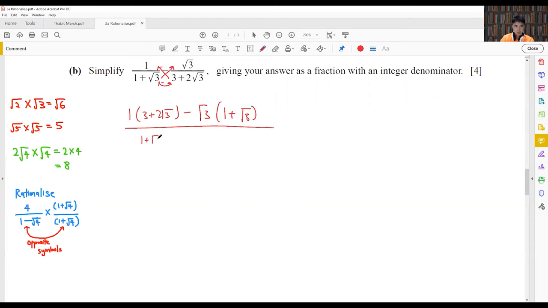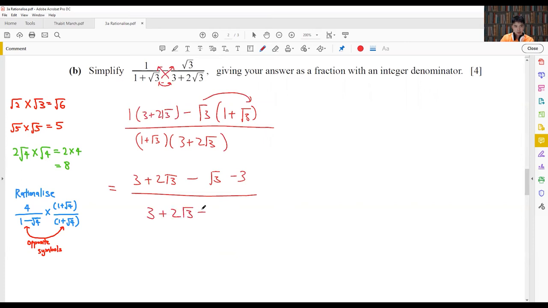1 plus √3 multiplied by 3 plus 2√3. Okay. Open up your brackets properly. You would have 3 plus 2√3 minus √3, and then this times this is minus 3, okay, over this times this, 3 plus 2√3 plus 3√3, and then finally 3 times 2, 2 times 3, okay.